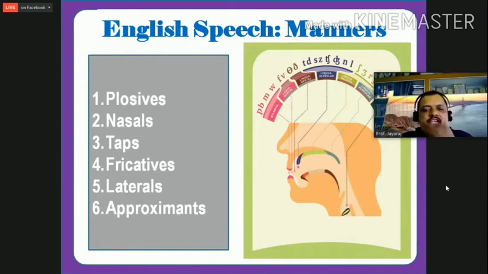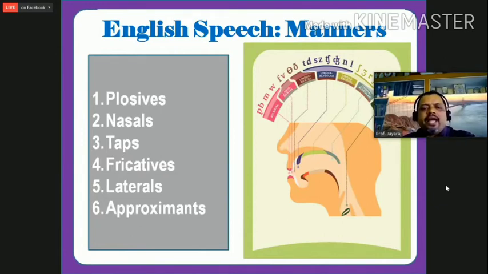When you take up the classification of the sounds, in English we have 6 plosives. Nasals are just 3. There are 9 fricatives, 1 lateral, and 2 affricates. Affricates are the combination of plosion and friction.